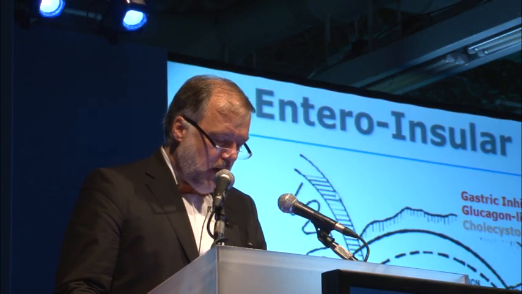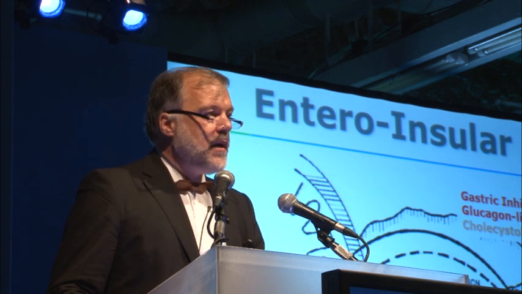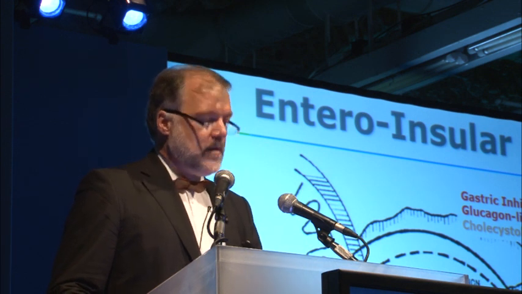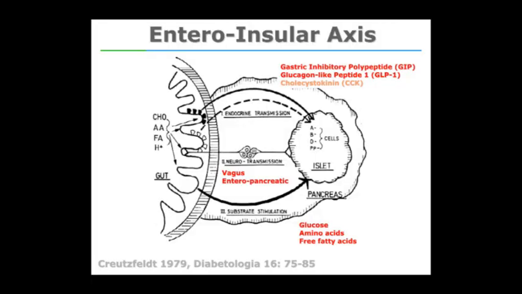So I may quote my former boss, Werner Kreuzfeld, who in his Claude Bernard lecture, 1978, had this figure. It shows the gut, the mucosa, and these single cells in the mucosa that produce hormones. And if you look in the duodenum and upper jejunum, then it's K cells producing GIP.